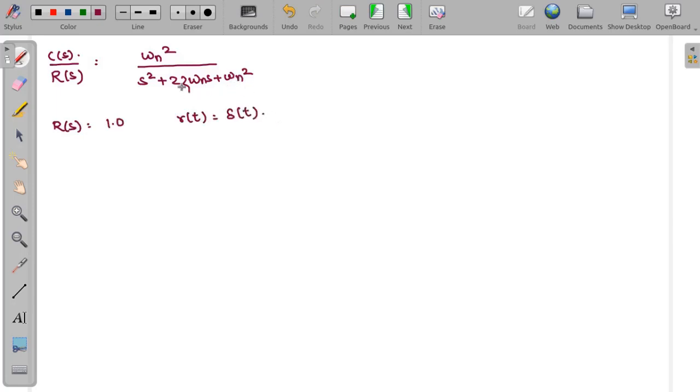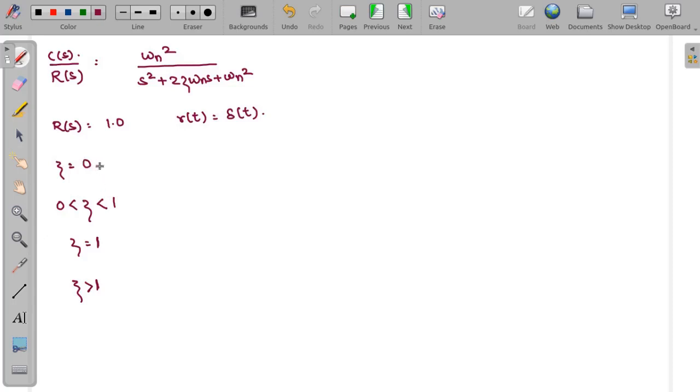Now depending on the values of zeta, zeta can be equal to 0, or zeta can lie between 0 and 1, zeta can be equal to 1, and zeta greater than 1. These are the classifications of zeta for a stable system.